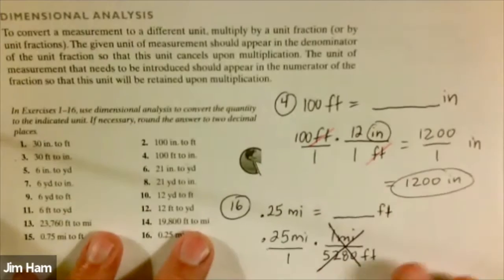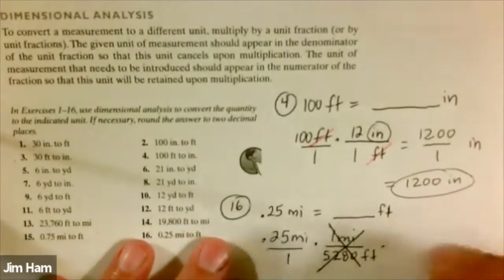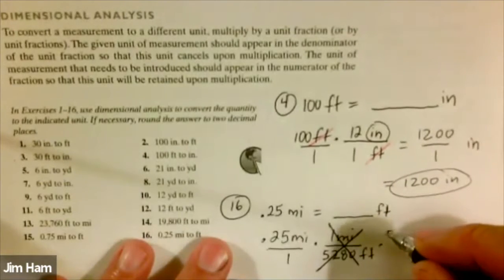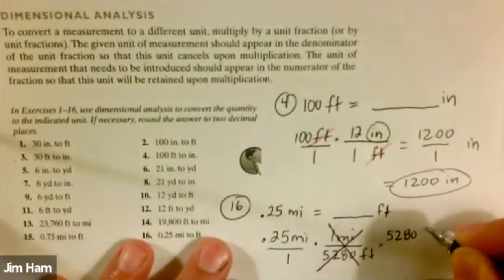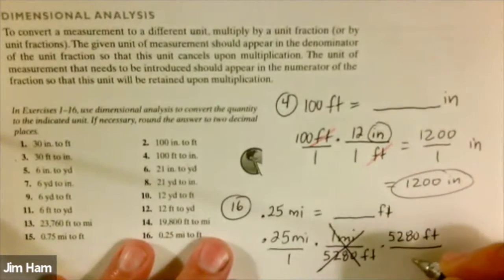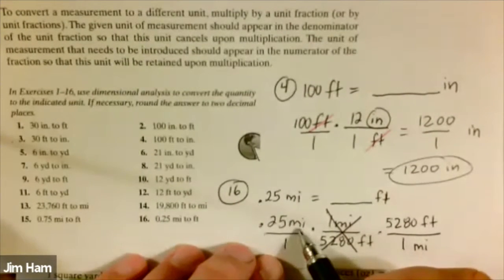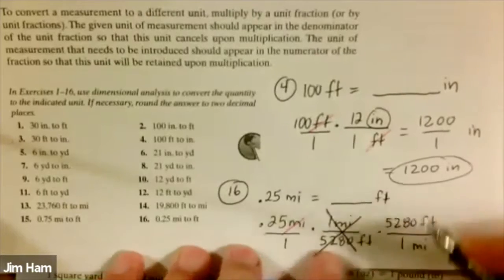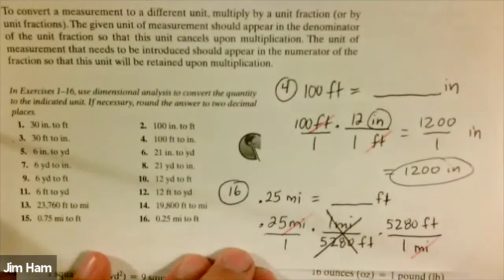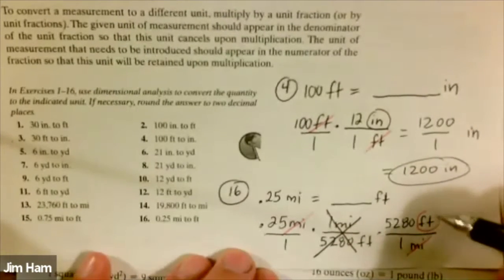So what I'm going to use instead is I'm going to flip those two, and I'm going to put the 5,280 feet on the top and the 1 mile on the bottom. Now I have the mile on the top that I can cancel with a mile on the bottom. And the unit we're after, feet, is in the numerator.